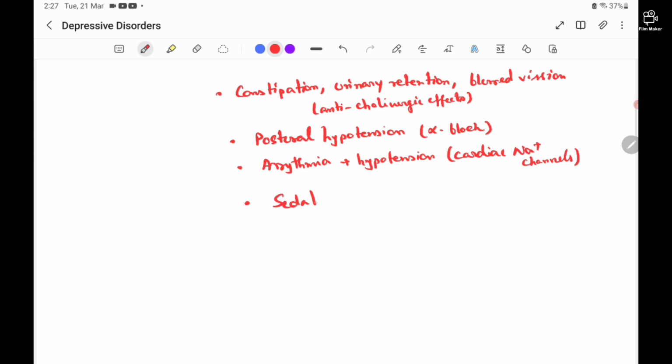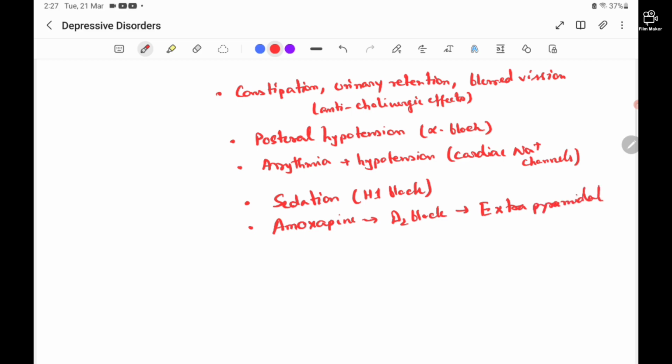The sedation is primarily due to the effect of H1 block. Particularly a drug called amoxapine. Now, amoxapine causes D2 block, dopamine 2 receptor block, and there are extrapyramidal side effects or extrapyramidal symptoms.